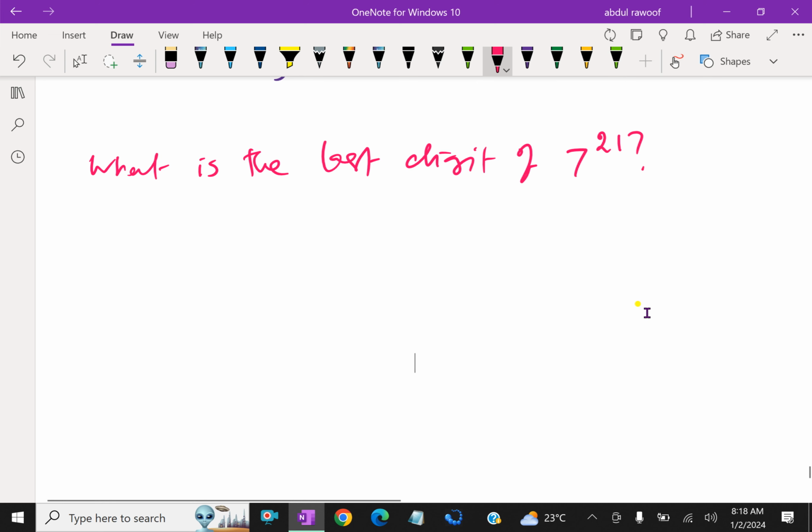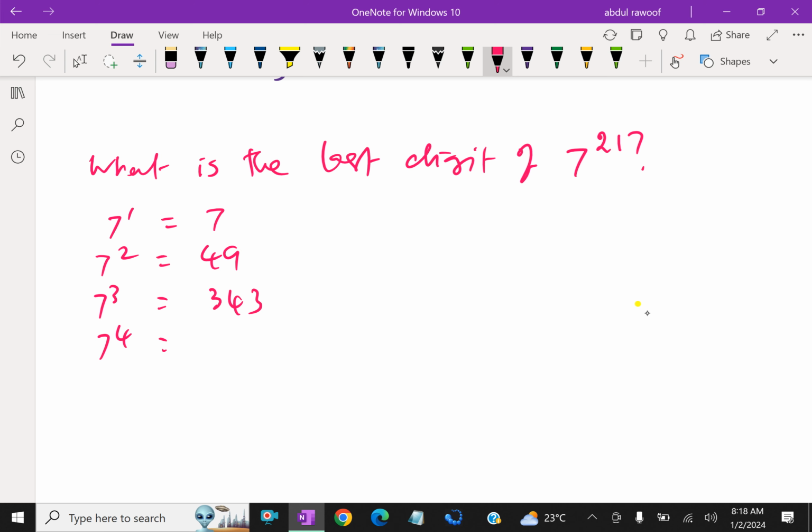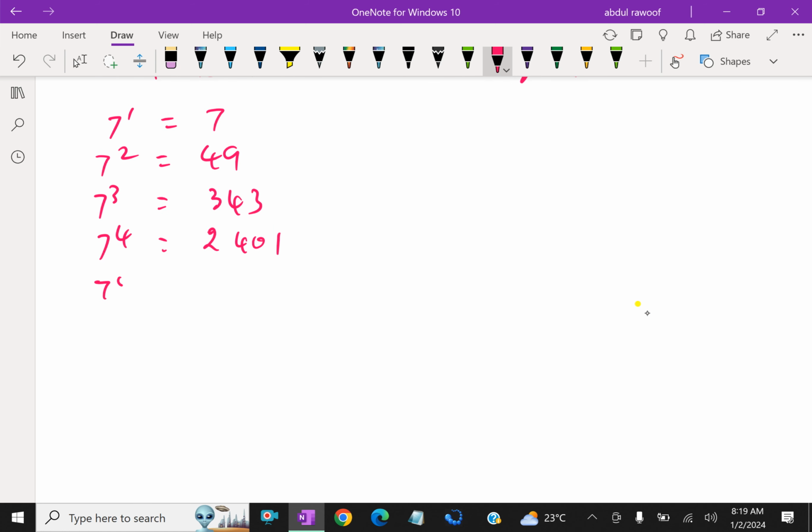For this, start with 7 power 1, which is 7. 7 power 2 is 7 into 7, 49. 7 power 3 by using the calculator is 343. 7 power 4 is 2401. 7 power 5 is 16807. 7 power 6 is 117649.